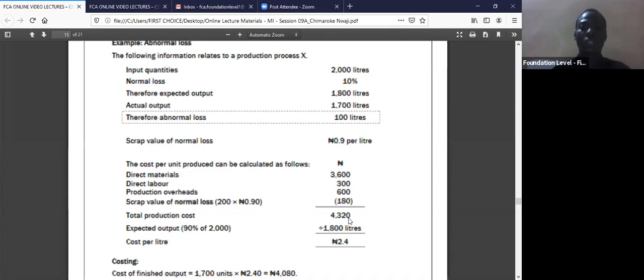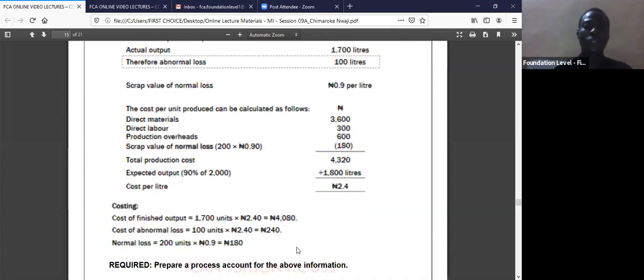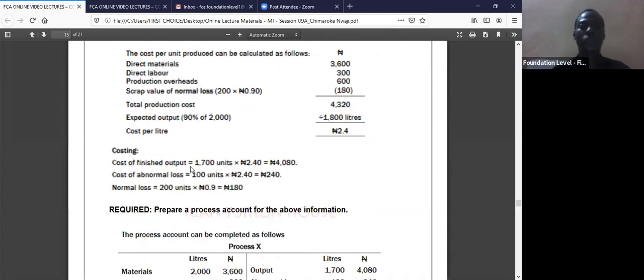But this 2.4 is going to be shared by this 1.8, 17 plus 100. That is the normal loss, abnormal loss. So that's how you see it here. 17 times 24, 28 times 24. So everything here is by 240. Normal loss is treated differently, like we know, by 0.90.